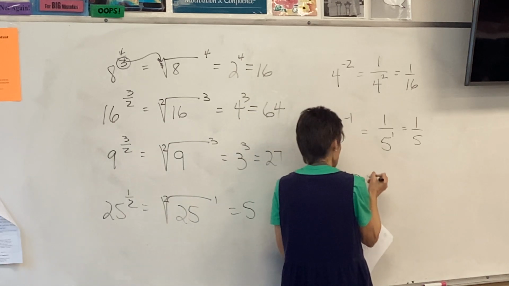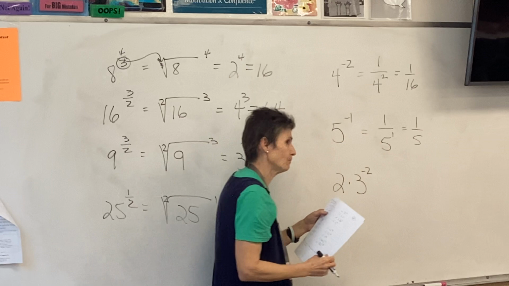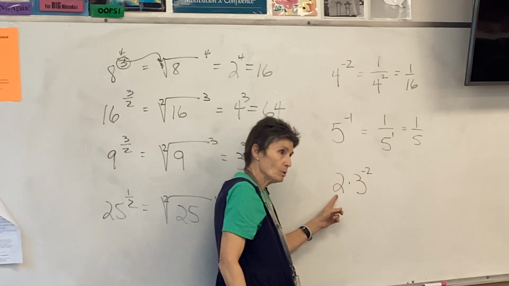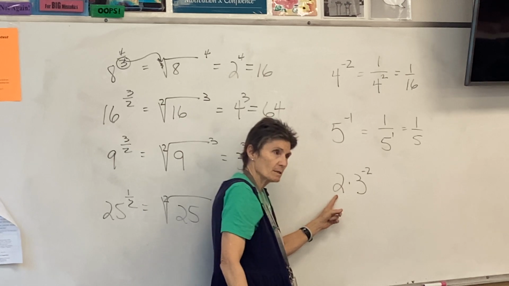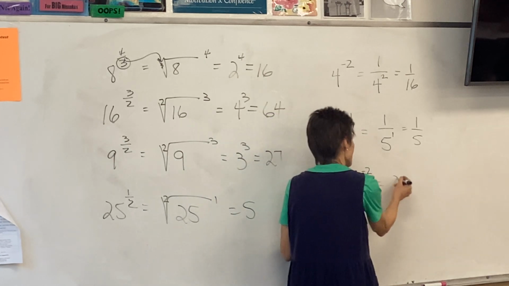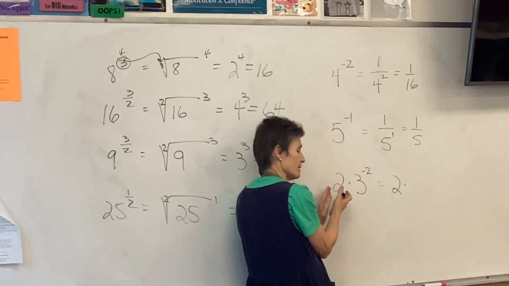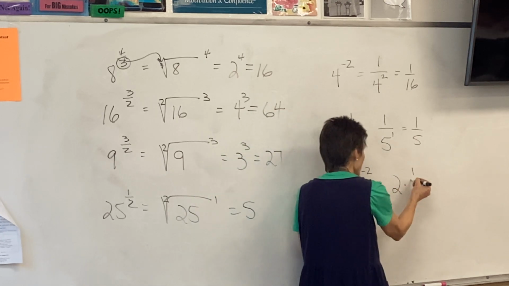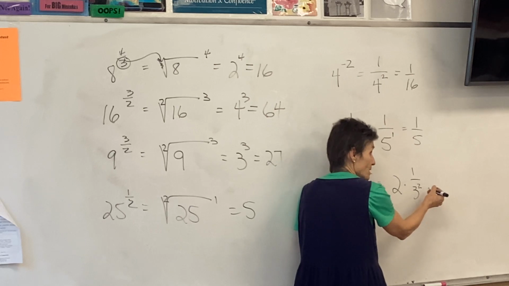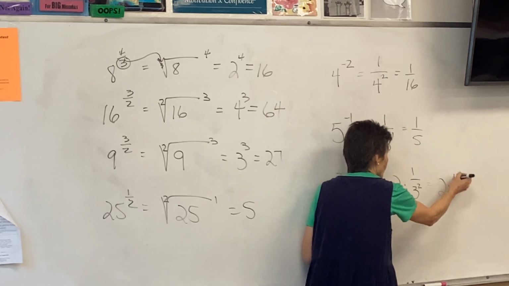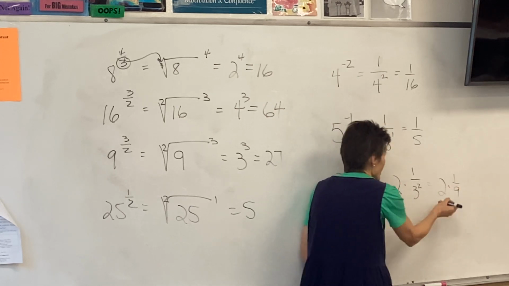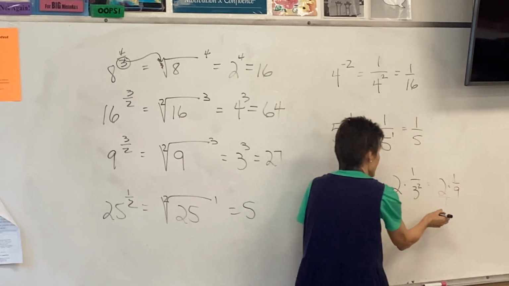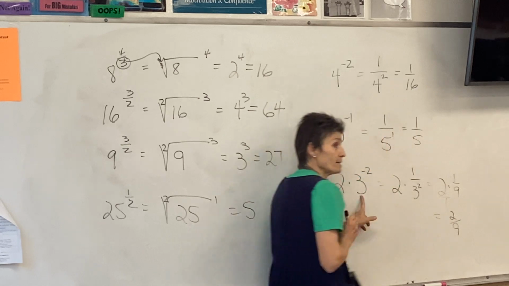Two times 3 to the negative second. Now be careful here. Does that 2 have a negative exponent? No, so he's just saying 2. But what's this become? 1 over 3 squared, which is 1 over 9. 2 over 1 times 1 over 9 is 2 ninths.